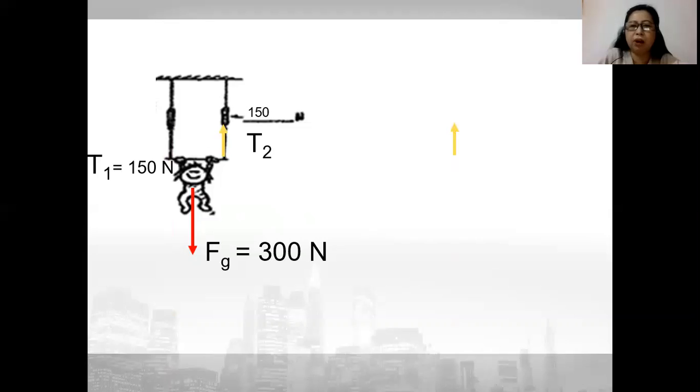Okay, so tension 1, tension 2. So if you combine them, T1 plus T2 will give you an equal length to FG. So if you notice, the combination of the two tensions will be equal to the length of the gravitational force.